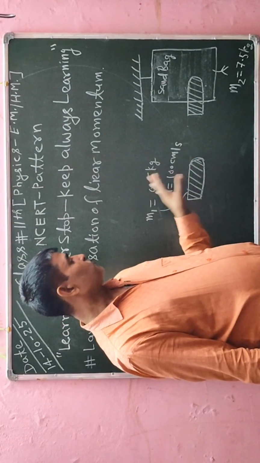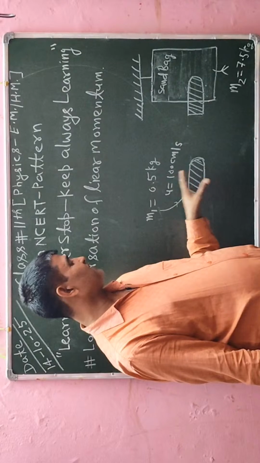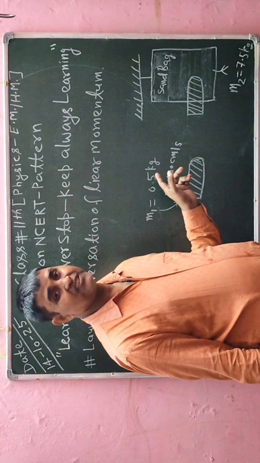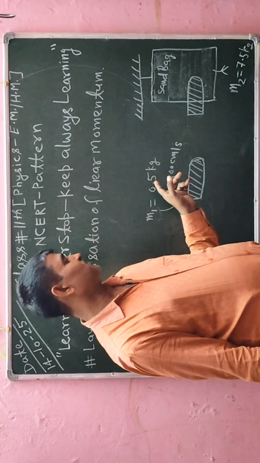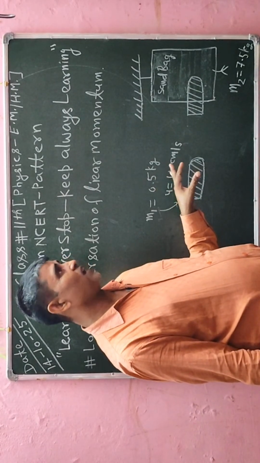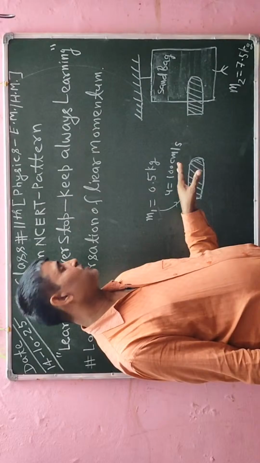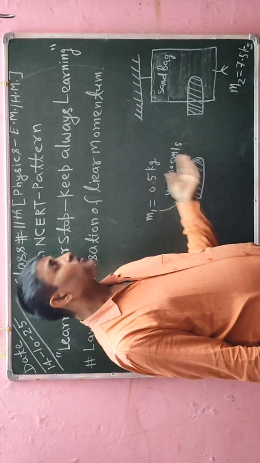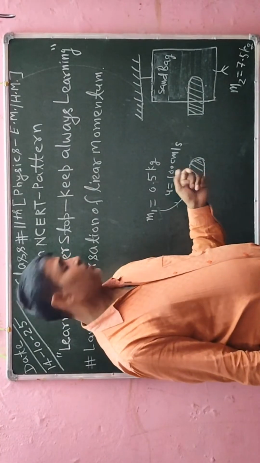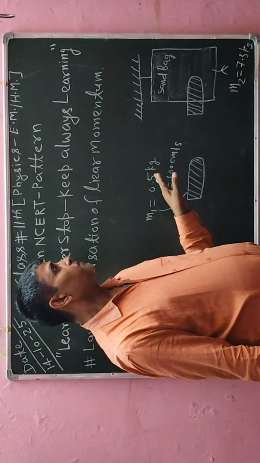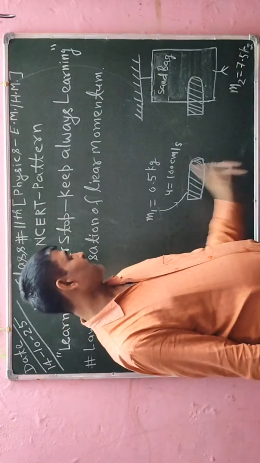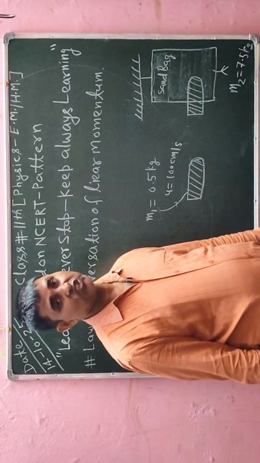So we have to utilize all these data in one system, either in MKS or in CGS. Otherwise, if I do not convert from one unit to another, the solution will be wrong. So we have to put everything in one system, so the solution will be correct either in MKS or in CGS.